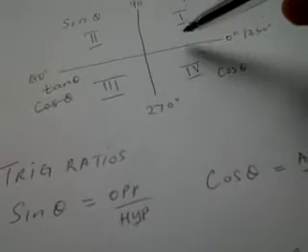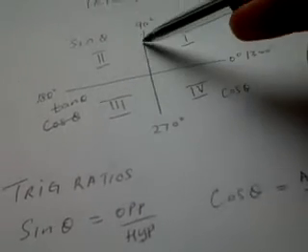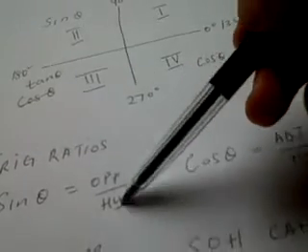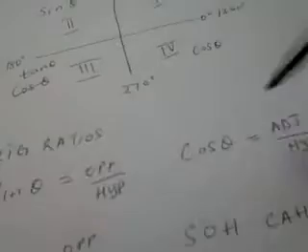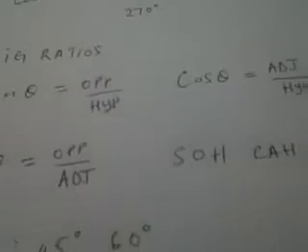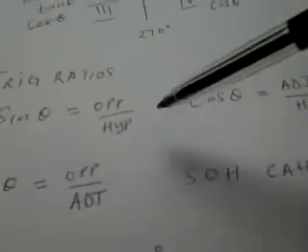So let's look here. This is a positive number and a positive number. If you put a positive number here and here, you'll always get a positive number. So you still get positive trig ratios.